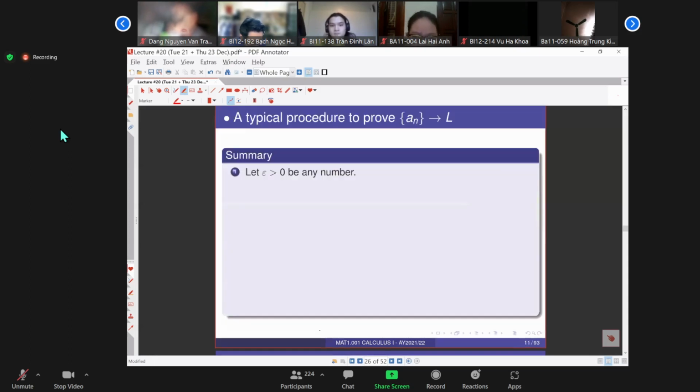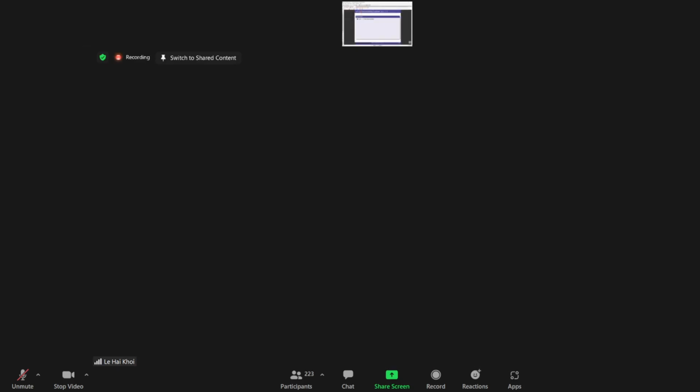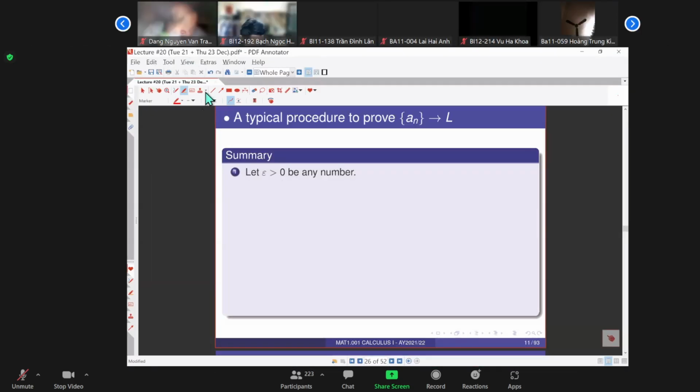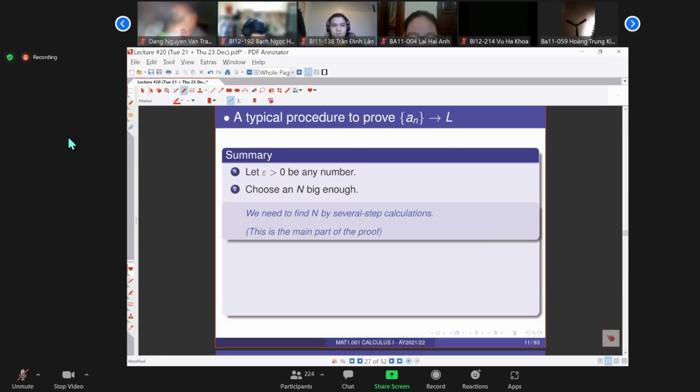Now, I want to talk about. Vậy thì cái nguyên tắc chung để chứng minh là a_n tiến đến L là cái gì? The typical procedure to prove that the sequence a_n has a limit L. First, you take positive epsilon, any arbitrary. Next, you have to choose big N. The moment from that all jumping step of a cricket inside the trap.